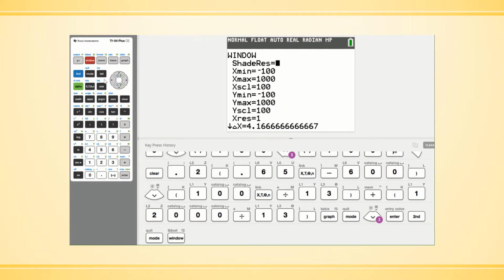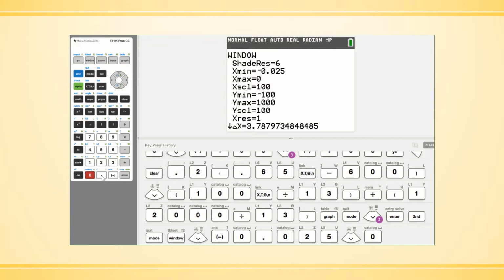All right, so we said that we need to be in increments of 0.025. So I'm going to set my X minimum to see a little bit of the negative side at negative 0.025. And I'm going to set my X maximum because I'm going to look at 2 full cycles, at 0.1, that we picked up from the other slide.